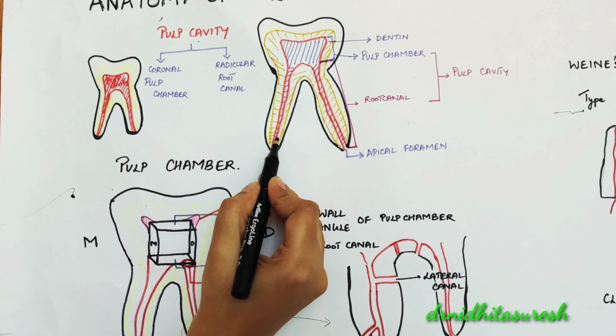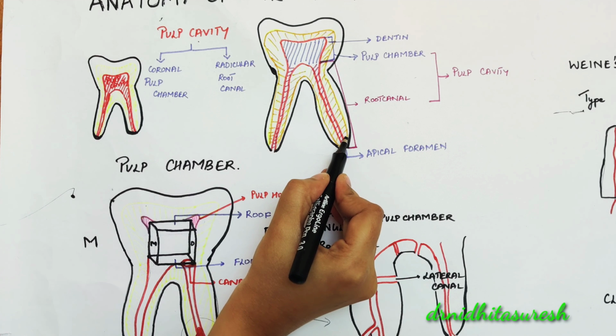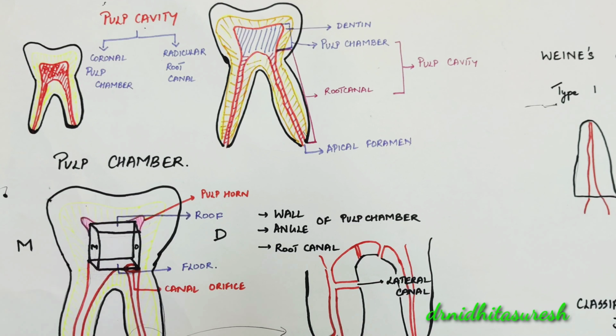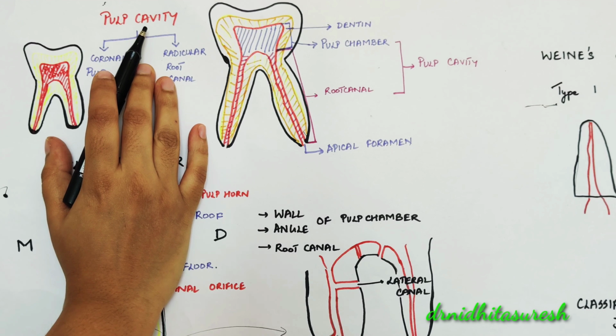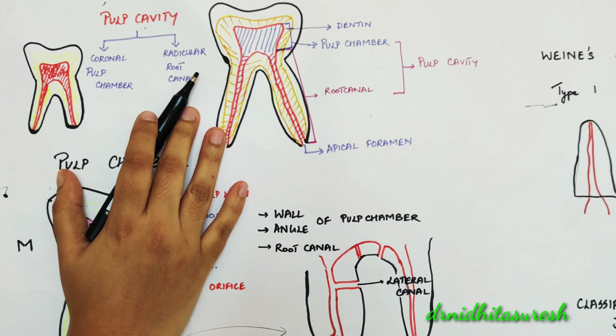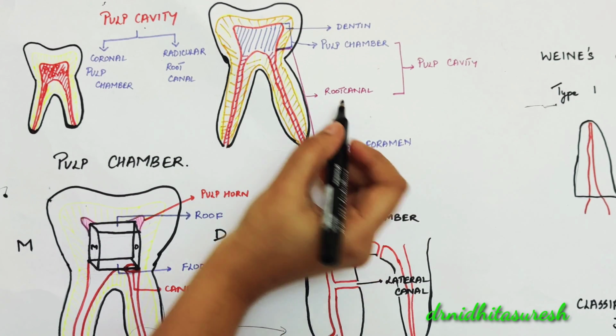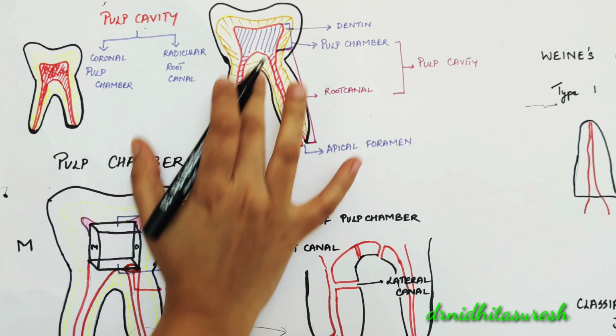Except the apical foramen, everywhere else it is totally surrounded by dentine. The pulp cavity is further divided into a coronal portion and a radicular portion. So I told you this whole thing is your pulp cavity. It is divided into a coronal and a radicular portion.